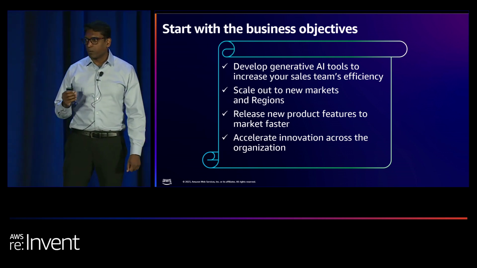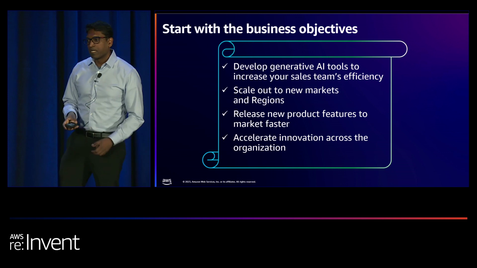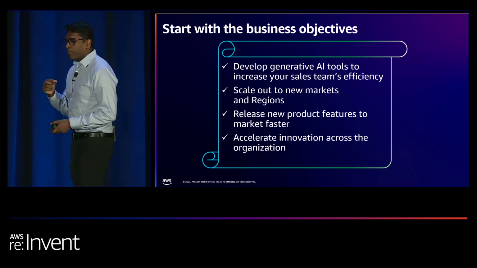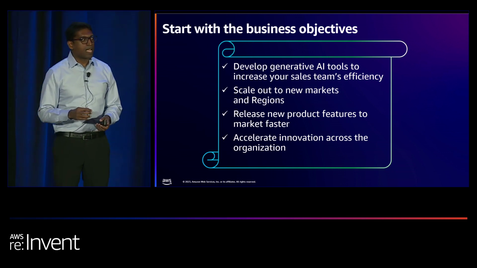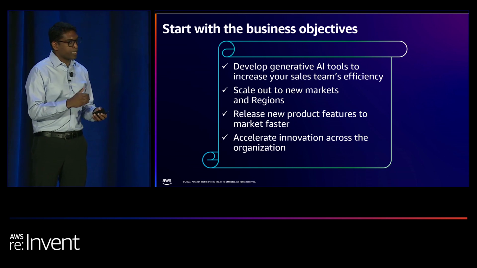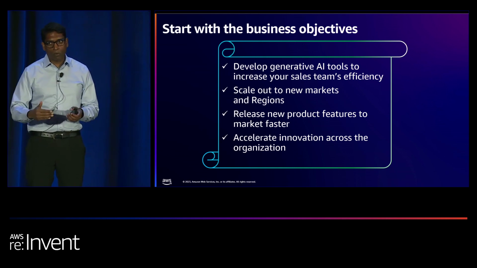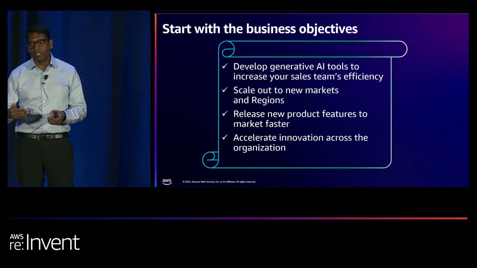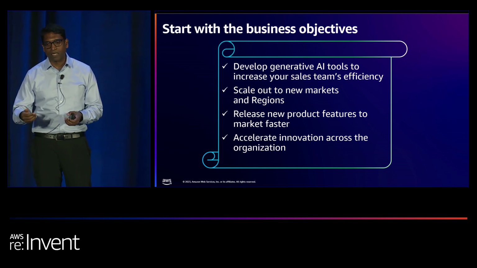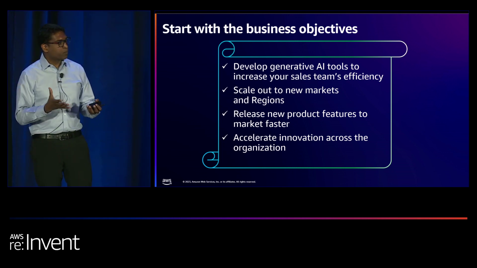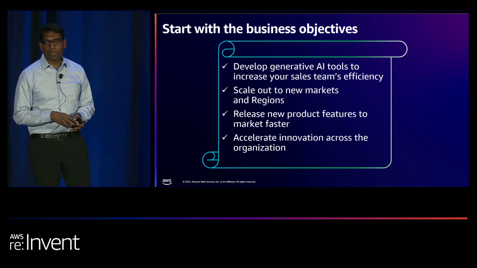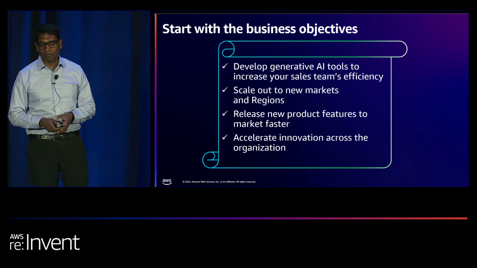They're building out new products and features. And it's very, very important that you pick and select your technology tools to support the business objectives of the organization. And this will help you accelerate the innovation across the organization.